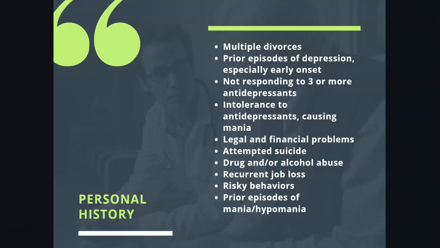They may have attempted suicide. So when we talk about suicide, women attempt suicide more often than men, but men use a more lethal method of suicide in bipolar disorder. It affects males and females pretty much equally.